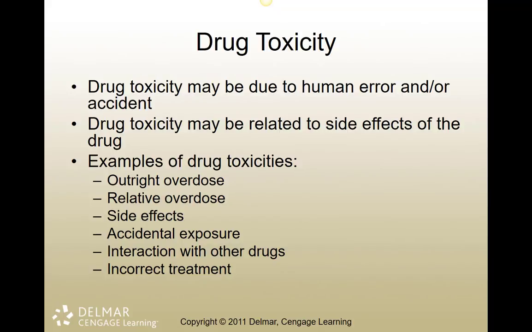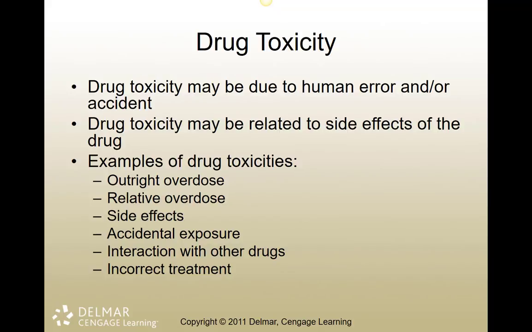Toxicity might be related to side effects of the drug, and some different types of drug toxicities are going to be outright overdose, so we outright gave too much of the drug, and relative overdose, and things can affect relative overdose such as the patient's age status. Other sick conditions going on which make the drug more potent. Other drugs that increase the potency of the drug.